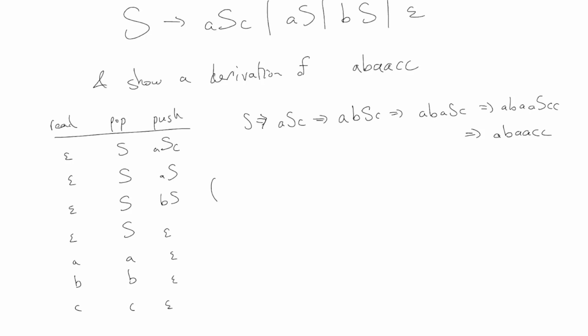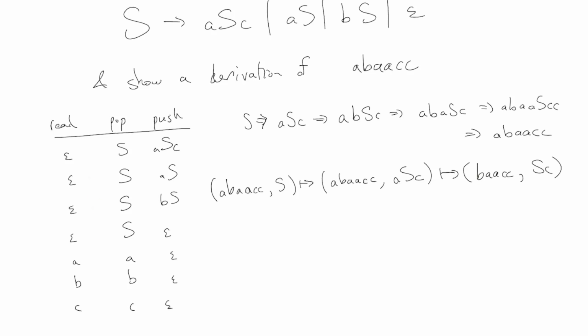And so on the stack machine, it looks like ABAACC, comma S. So first I do rule number 1, I guess. It will say ABAACCASC. And then I clear the A's, BAACCSC. All right, and now I have a B and an S. So, well, that's not important.